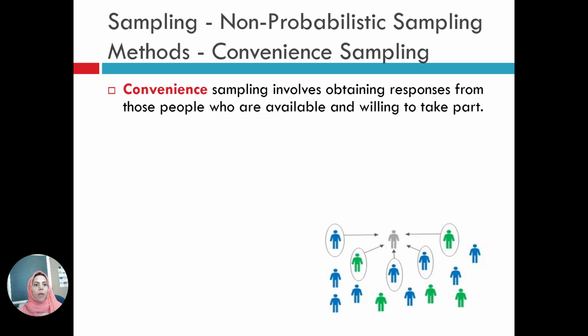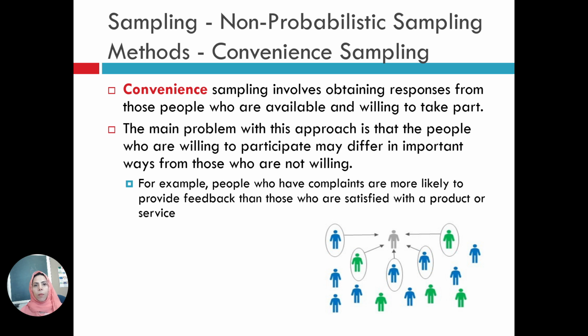So convenience, as the name shows, convenience sampling involves obtaining responses from those people who are available or they are willing to take part, right? So convenience means what is easy for me, those people who are easily reachable for me as a researcher, I will approach them and they will become the respondents of my questionnaire. I'll take the example that I have to investigate the phenomenon of cyberbullying, right?